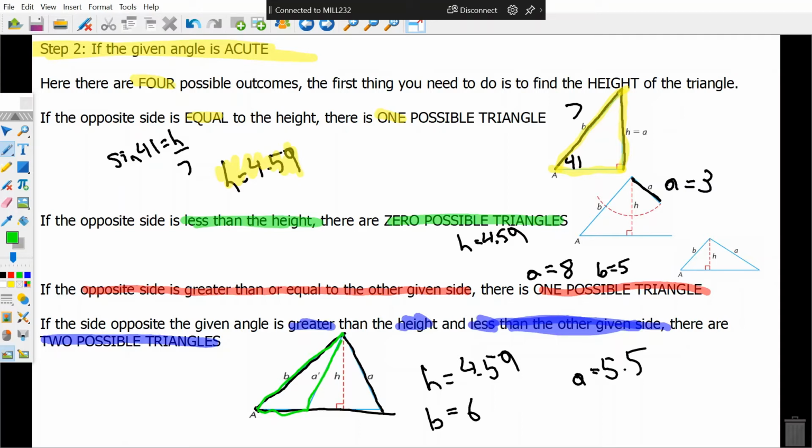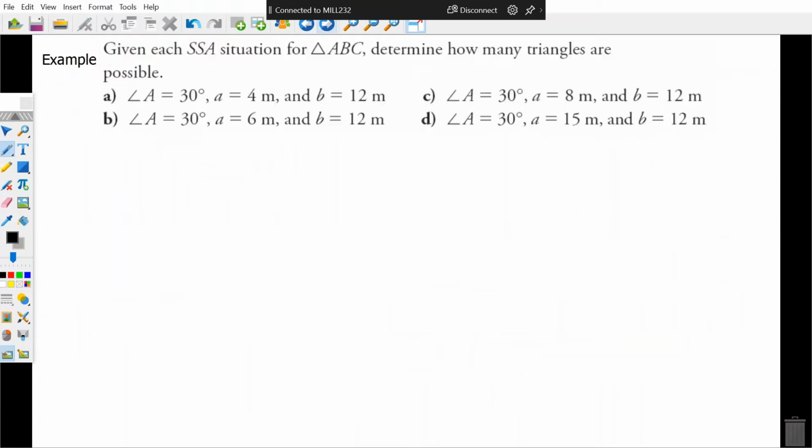Okay? Now I know that slide has a lot of information and a lot to take in. Once you can see it in action, it hopefully will start to make a little more sense. So it says, given each SSA, side-side angle situation for ABC, determine how many triangles are possible.